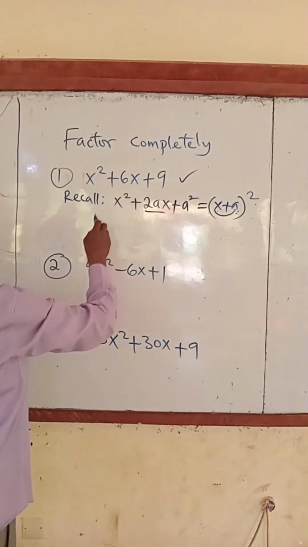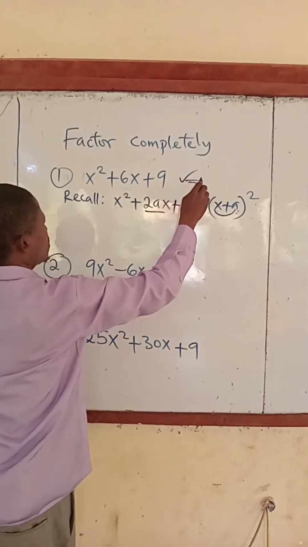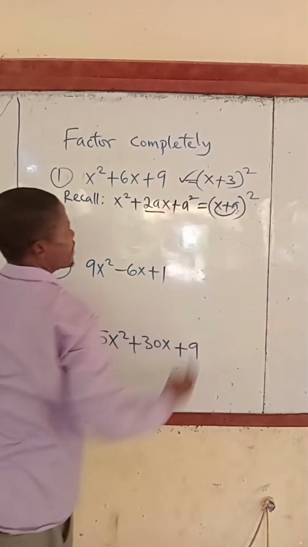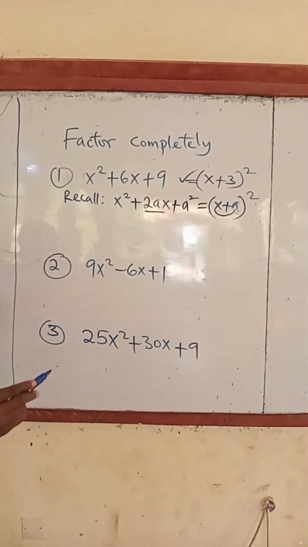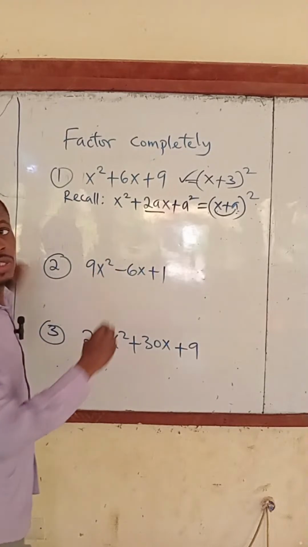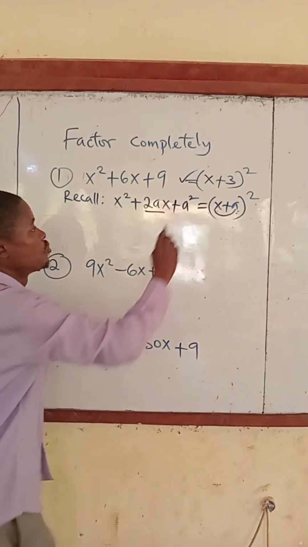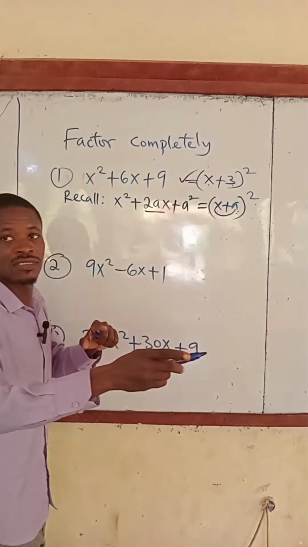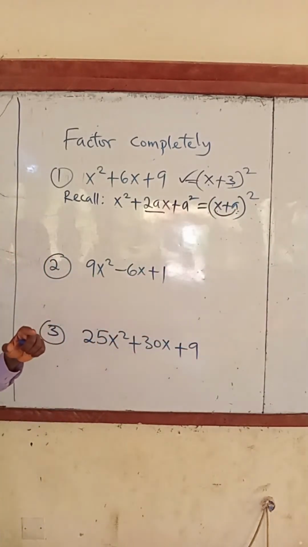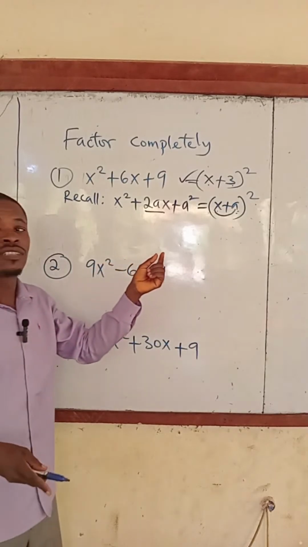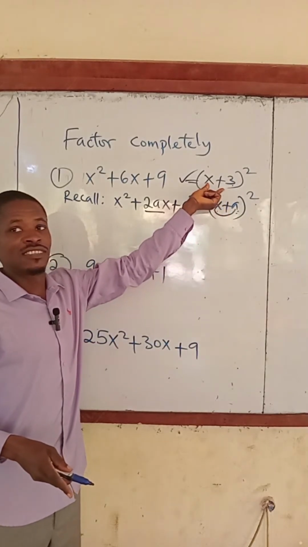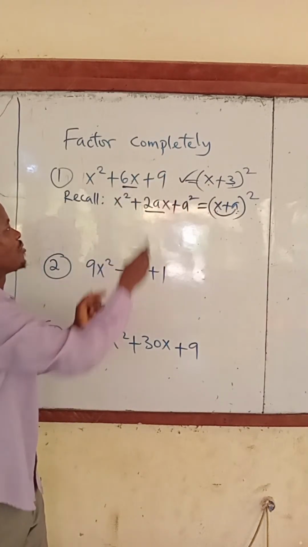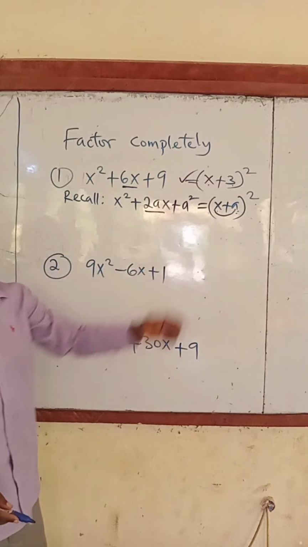So this will be equal to x plus 3 squared, because when you multiply this one, x times 3, it's going to be 3x. And 3x times 2 will give you the middle point. That'll be what? That'll be 6x.